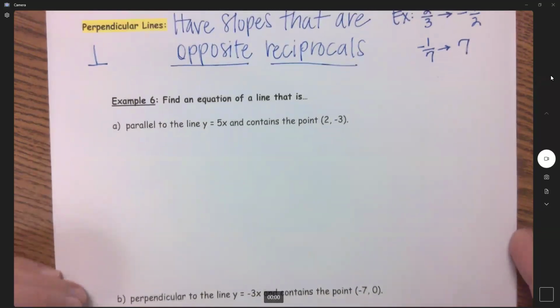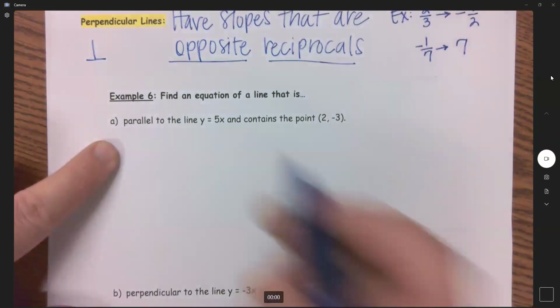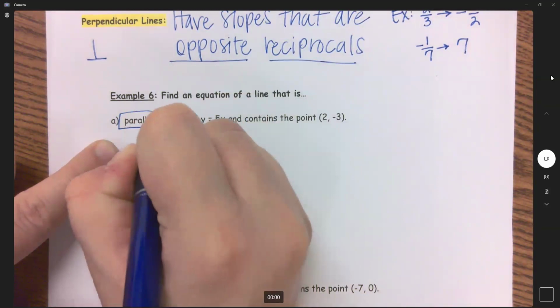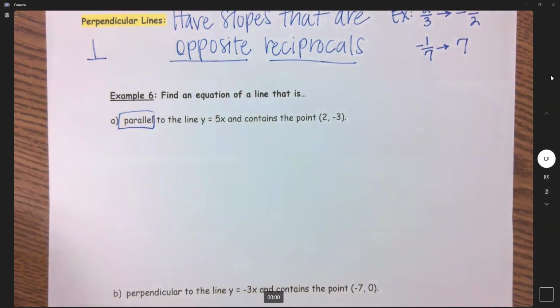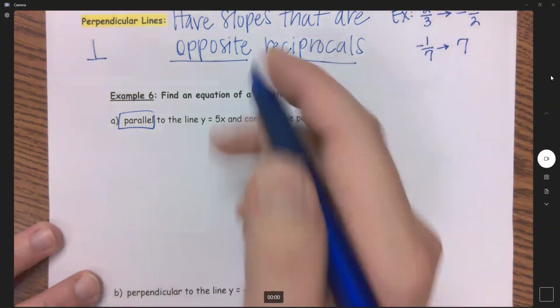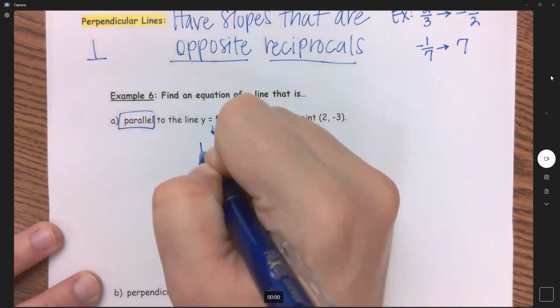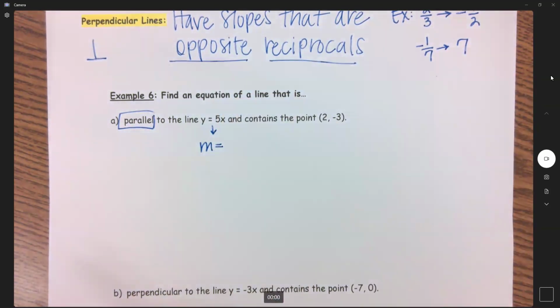Example 6. Find the equation of a line that is parallel to the line y equals 5x and contains the point (2, -3). Okay, so in this equation right here, what is my slope?